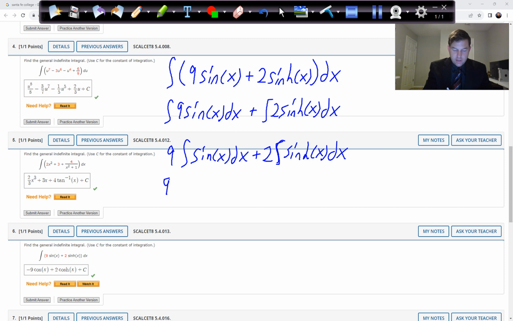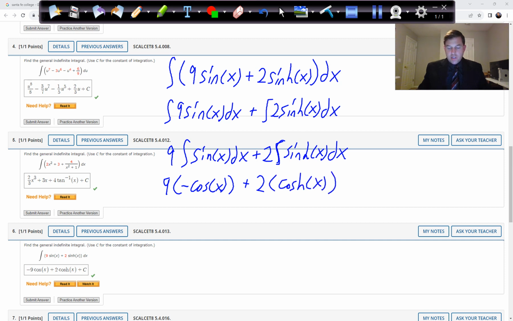Well, the integral of sine is negative cosine. And the dx goes away when I perform the integral. I don't know if I've shown that in this class. The antiderivative of hyperbolic sine is positive hyperbolic cosine.